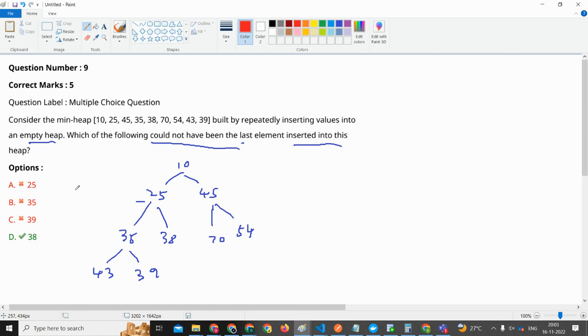They're saying that if we had inserted 25 at the last... But every element will be inserted last only initially, right? That is my doubt. For example, let's say 25 was not there. If 25 was not there, how do you think the heap would have looked?